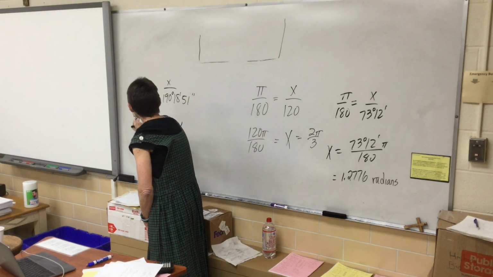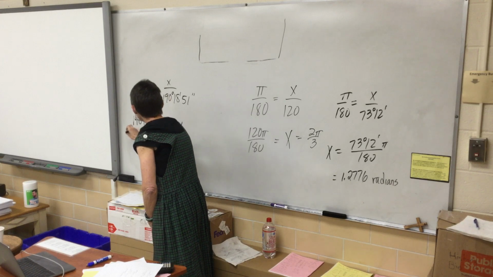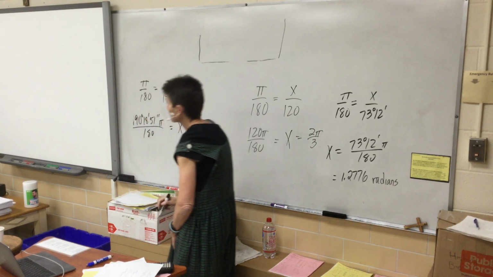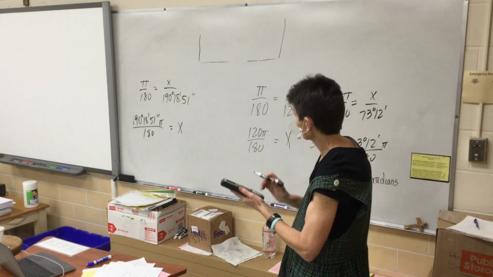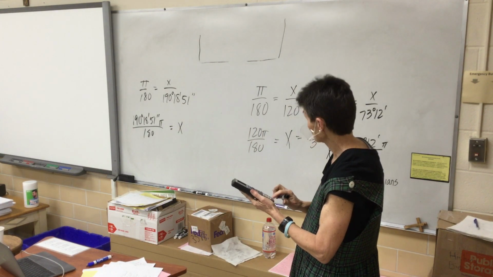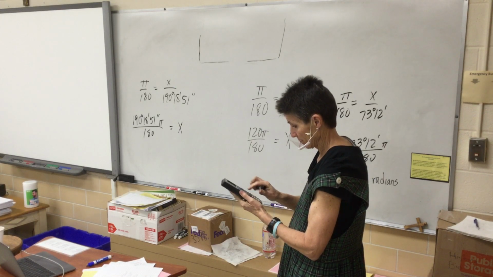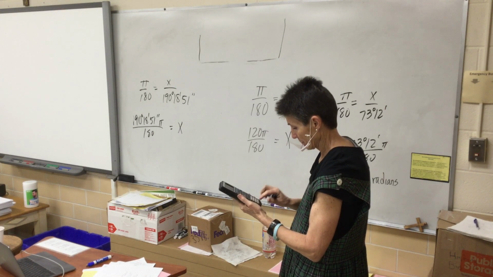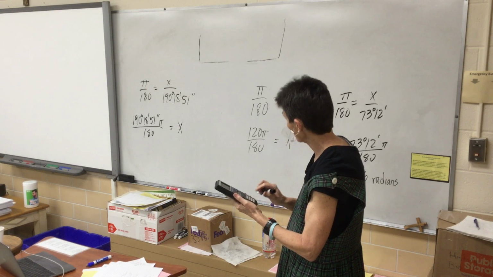So 190, 18, 51 pi divided by 180. Remember where we get the seconds mark? That's the tricky one.